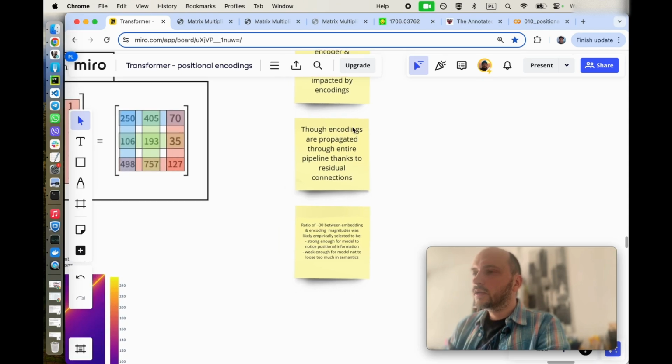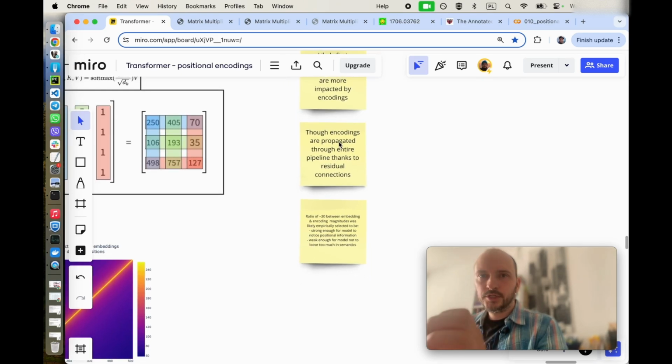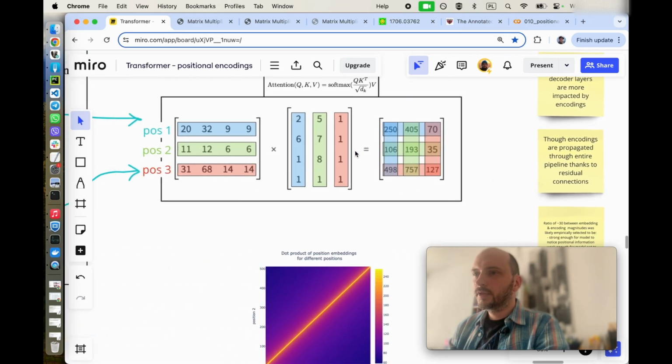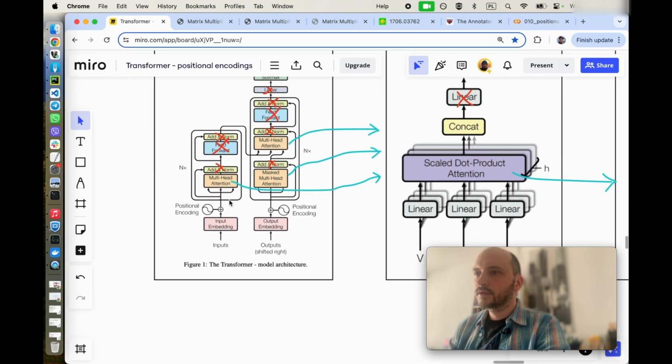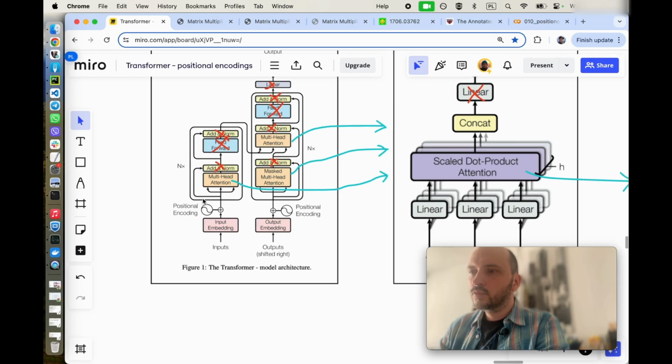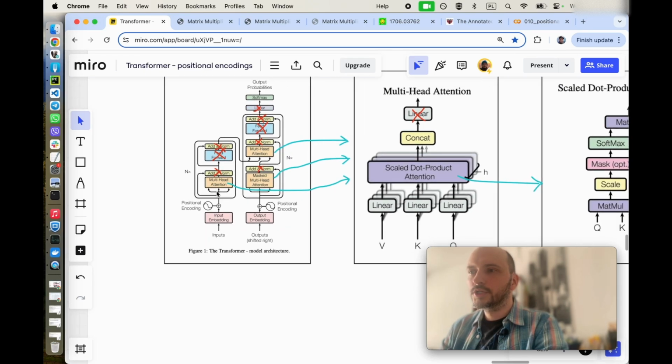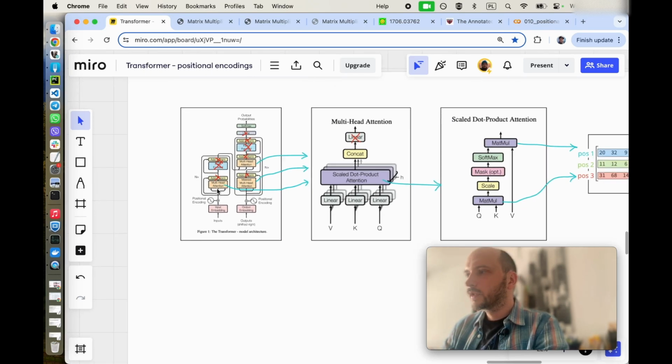Though still, positional encodings will be propagated through the pipeline, because they have these residual connections here, which definitely help to keep gradients stable. But I also believe these residual connections will help to pass positional information over the pipeline, because they will just keep it if it's important.